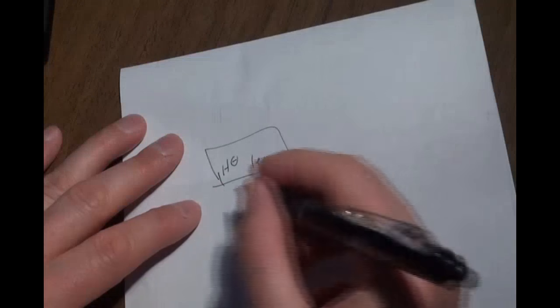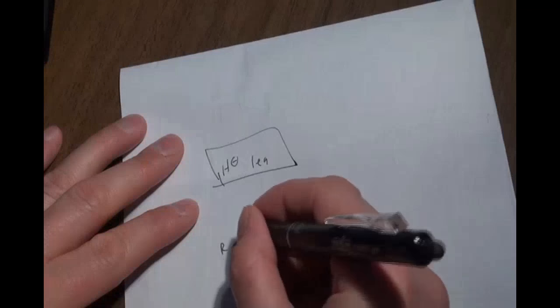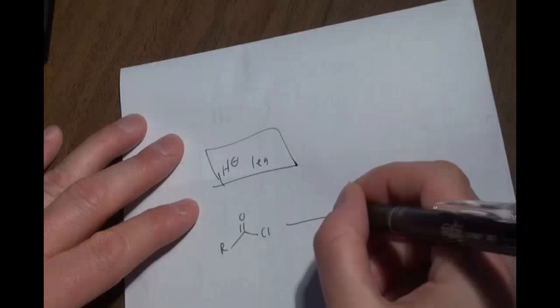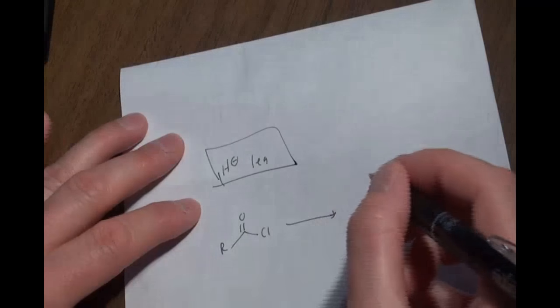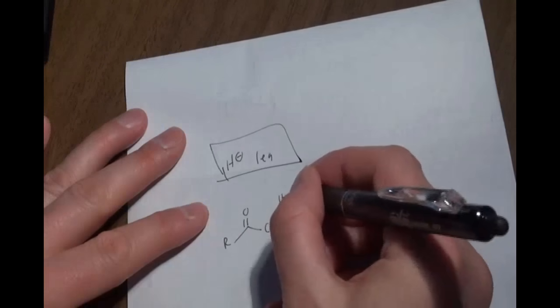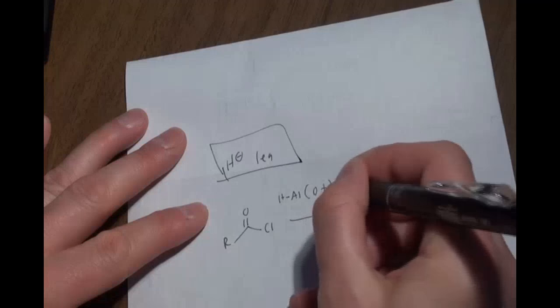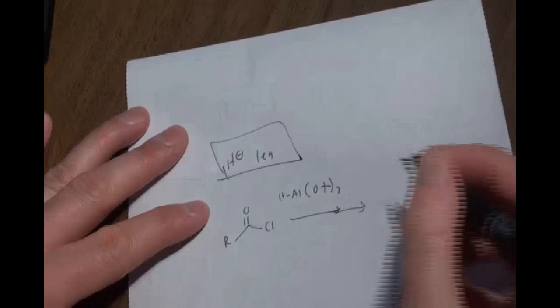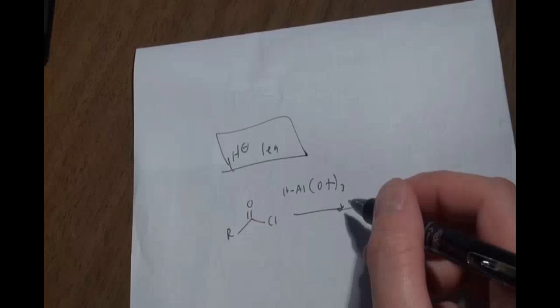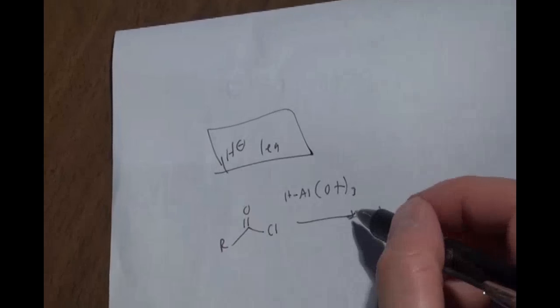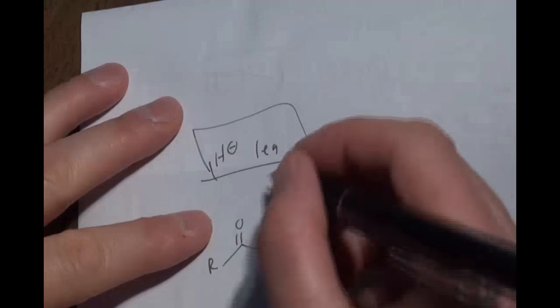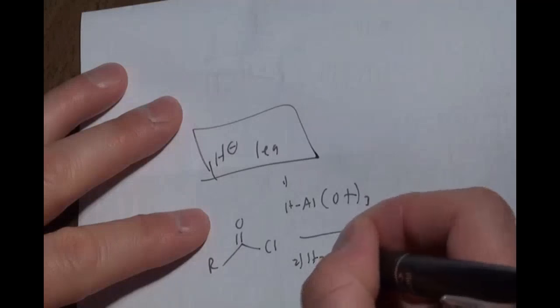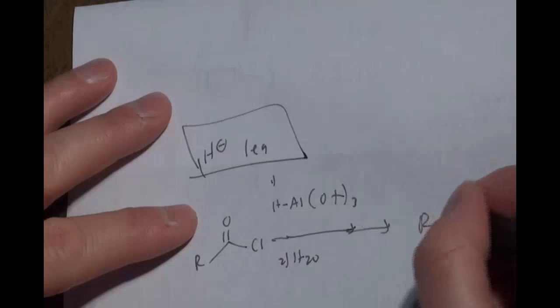And for H minus 1 equivalent reactions, I just want to point out again that if you have an acid chloride, the reagent is different. It's not DIBAL. It's HAl(OtBu)3, tri-tert-butoxy aluminum hydride, to give an aldehyde.